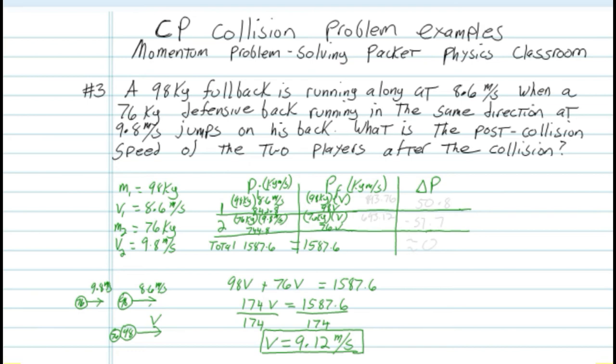So 98 times 9.12 is 893.76. I'm going to write it in the box over here. And the 76v gives me 693.12.